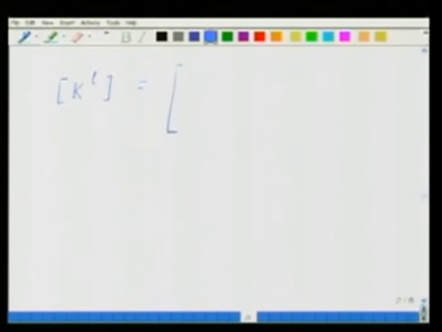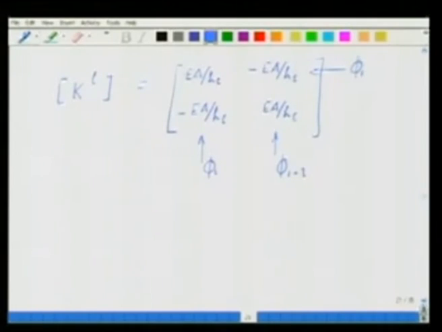So earlier we had EA by HL, minus EA by HL, minus EA by HL, EA by HL, and we had said this corresponds to phi I, this corresponds to phi I plus 1. Similarly, this row corresponds to phi I, this row corresponds to phi I plus 1.